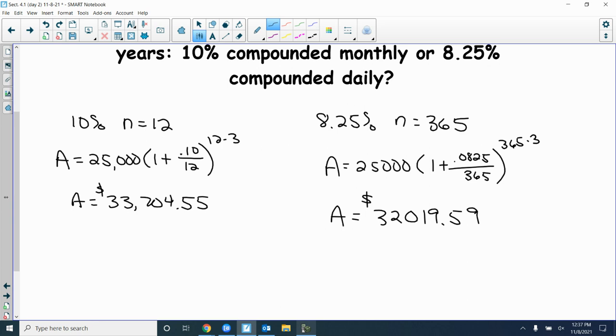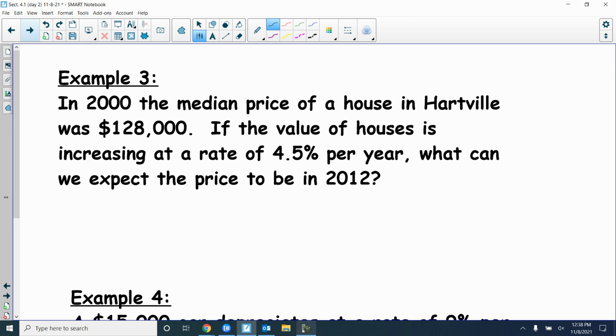All right, look at the next one down there. It does not talk about compounded monthly or compounded quarterly, but we can still use the compound interest formula for it. Anything that increases or decreases by a set percentage, we can use this. Now, there will be a minor change.